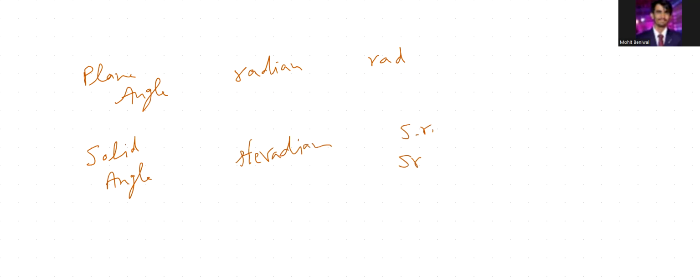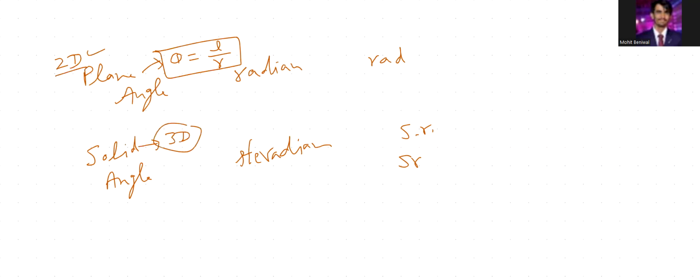Plane angle, as you know, angle is defined as length of arc over radius. This is for 2D objects, and solid angle is for 3D objects. Here we define the angle as d omega, and that is the amount of area considered over radius square.